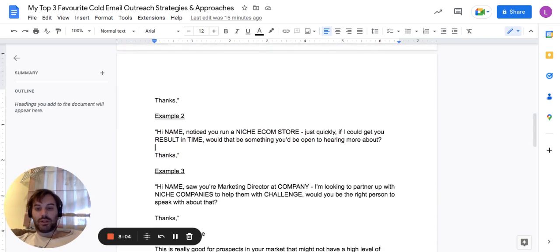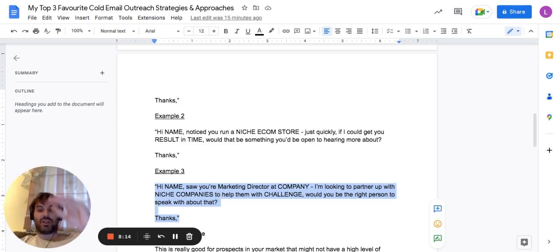Another way to do it is this third example. This is just asking a question about whether they're even the right person to speak with, like whether they're the decision makers. It's a very low risk way to get responses, basically, because you're not pitching anything. You're just trying to reach out to see if they're even the right person to speak with, but you are mentioning what you do.